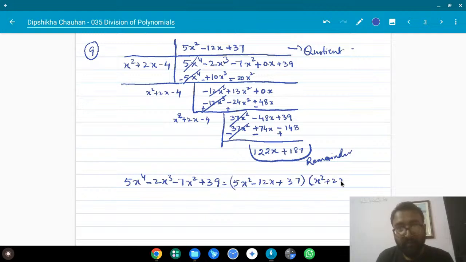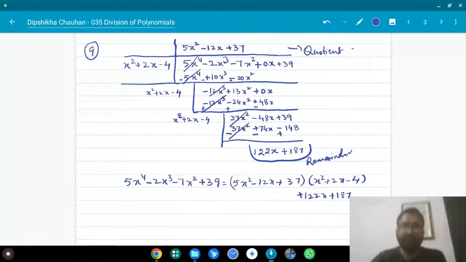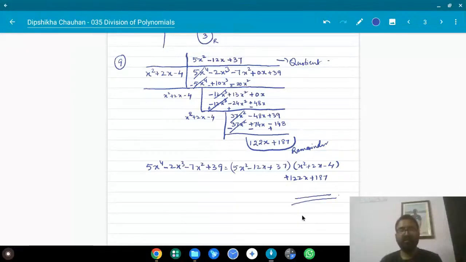This is the divisor, plus remainder 122x plus 187. Clear? So that's it. This is the division.